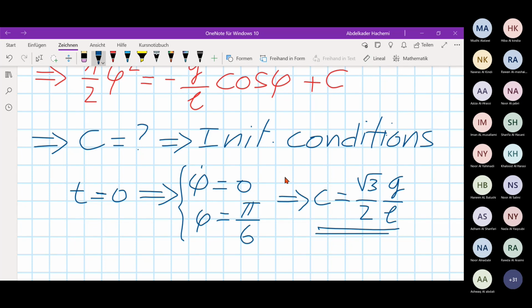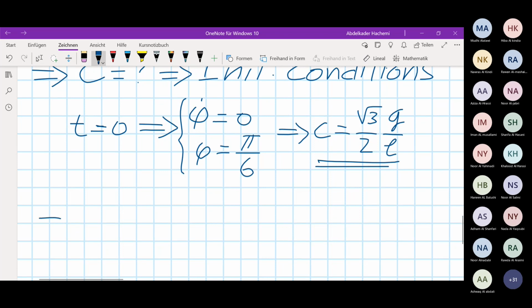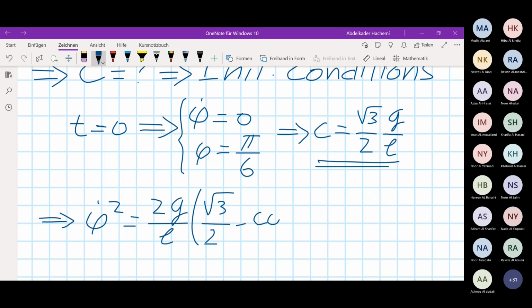Then if we replace, we get now the expression of phi dot square equal to 2g divided by L multiplied by square root of 3 divided by 2 minus cosine phi.